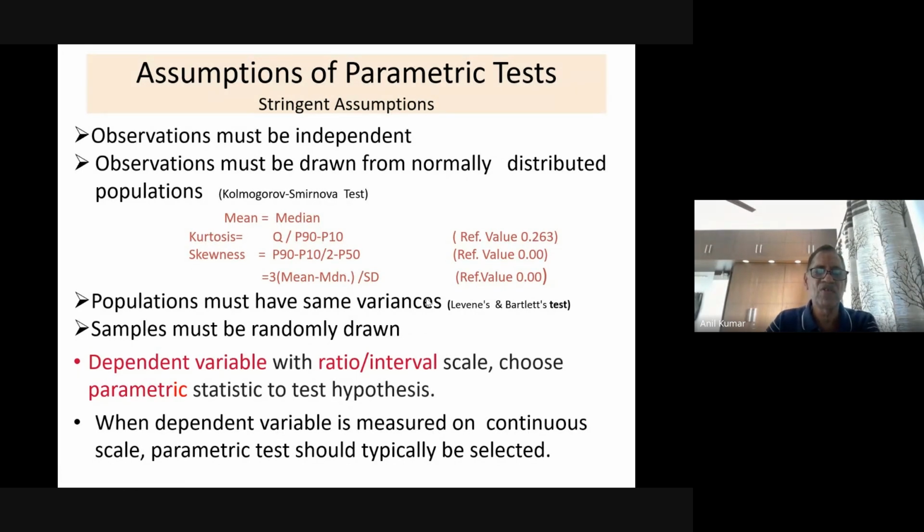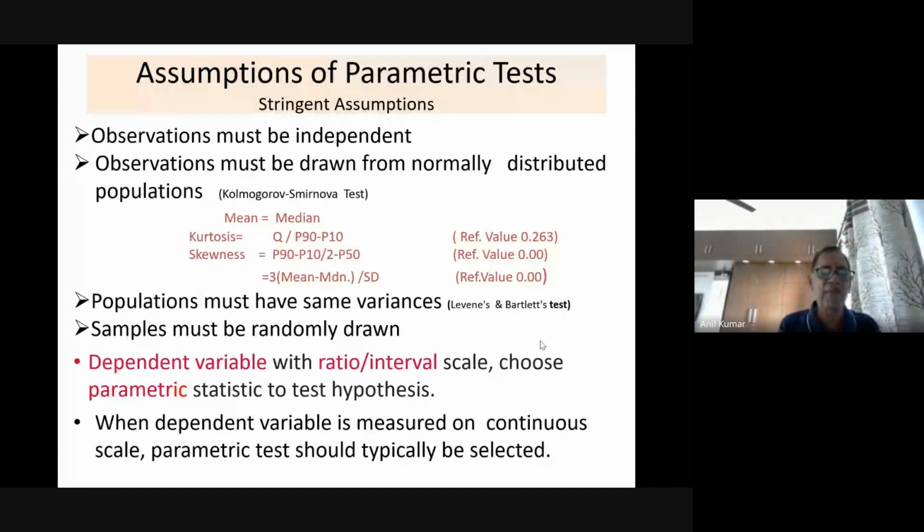So the Levene's test can be done there, just to check that whatever data we are trying to apply the parametric test on are from the same variance. Variance means homogeneity, heterogeneity of the data, and we can say that the data are from the same variance, whether heterogeneous or homogeneous.